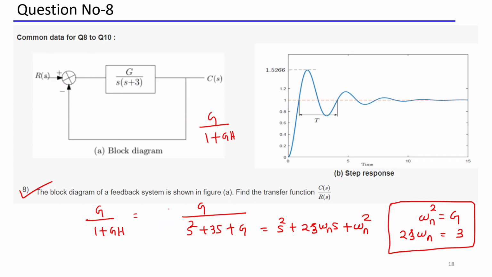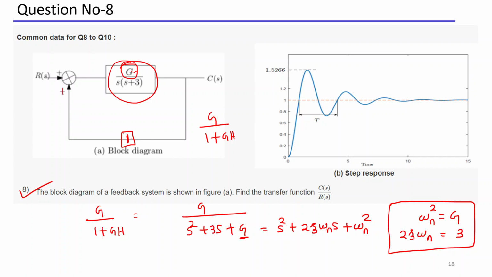I am not solving because I know how to apply the shortcut here, as I told you. First you write the same thing, G divided by, I'm just splitting it, s square plus 3s. Then whatever is in the numerator should be multiplied with this H of s. Here H of s is 1 because of unity feedback, so G is multiplied with 1.